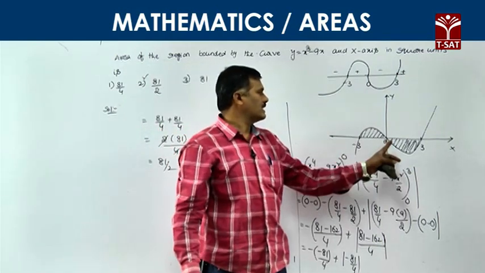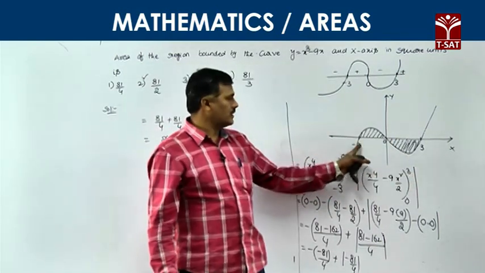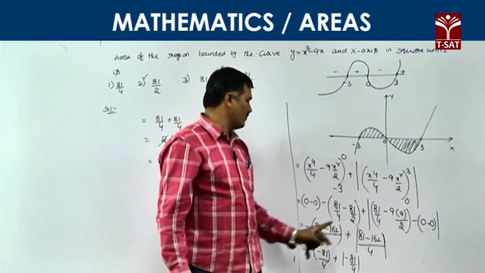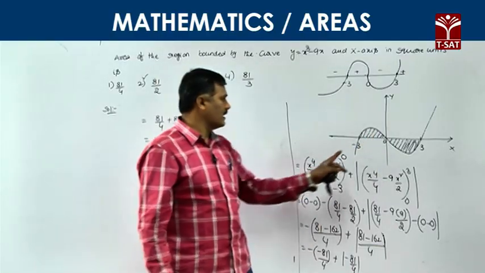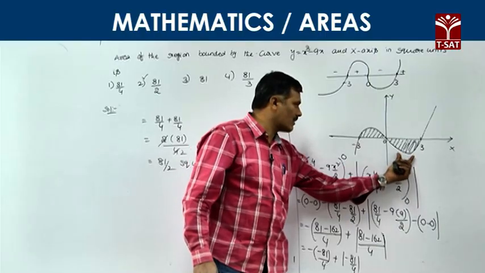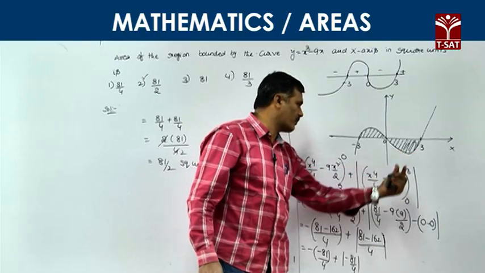So based on this graph, minus 3 to 0 it is positive, and 0 to 3 it is a downward curve, below the x-axis, a negative part.